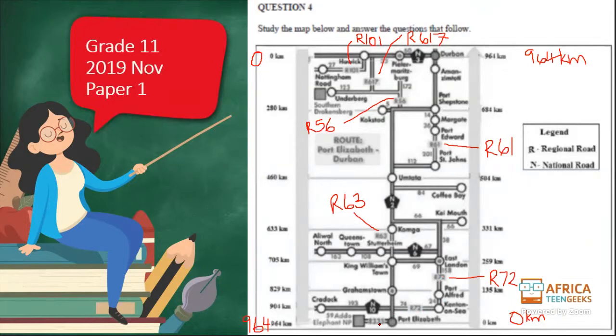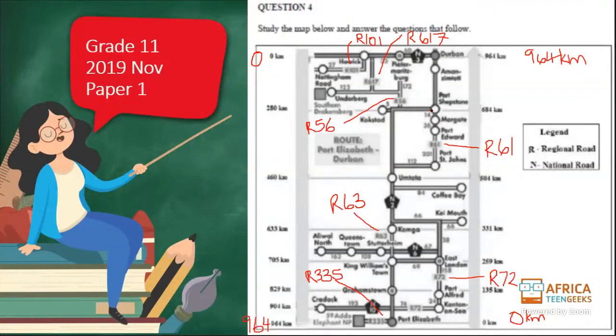And the last one, this one here, is R335. These are all the regional roads, right? The rest are your kilometers.